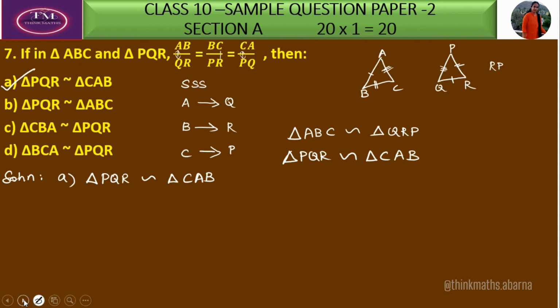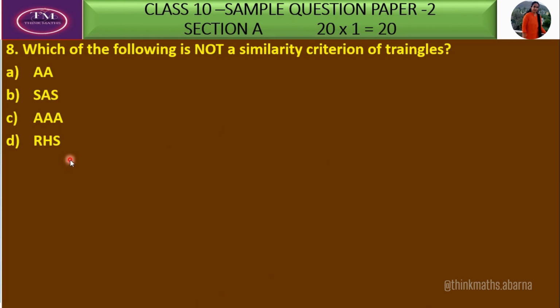So moving on to the eighth question. Which of the following is not a similarity criterion of triangles? There are four options: AA, SAS, AAA, RHS. AA: if two angles are equal, then the corresponding triangles are similar. So this is the similarity criterion. SAS is also a similarity criterion: if two sides are proportional, then the angle between them will be equal.